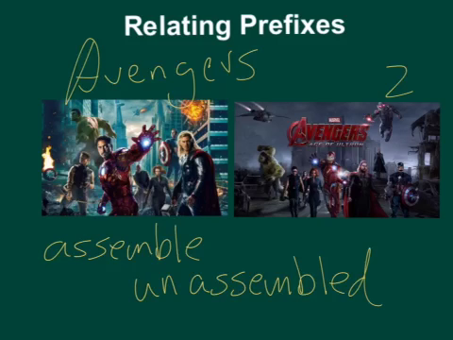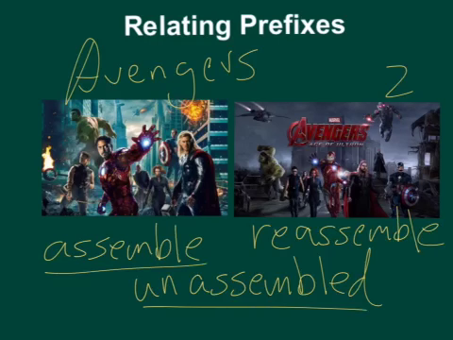But, considering the fact that we all love happy endings, as we get to the end of the movie, they find a way to come together and put the bitterness behind them, and they reassemble. They come back together. So, the Avengers assemble, they unassembled, and they reassemble, coming back together. Just an interesting way to look at the prefixes.